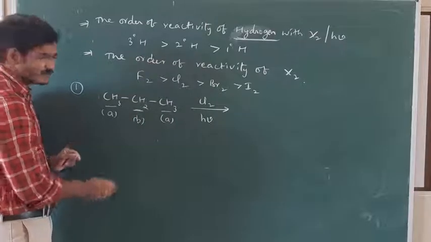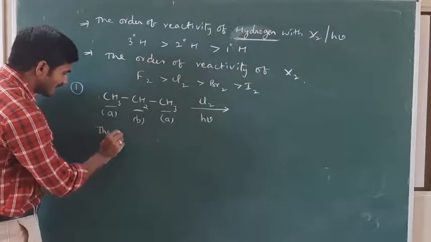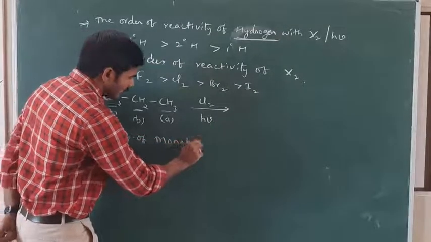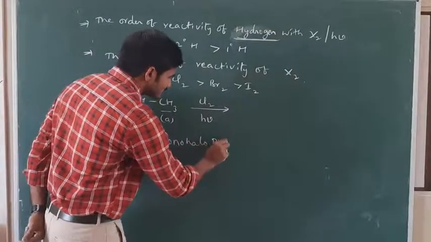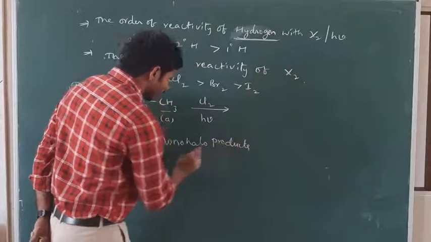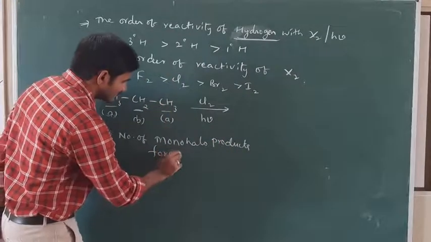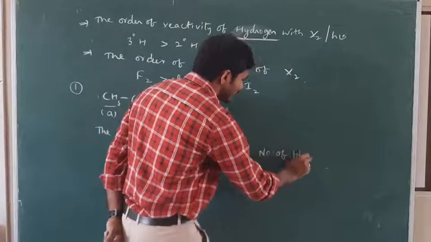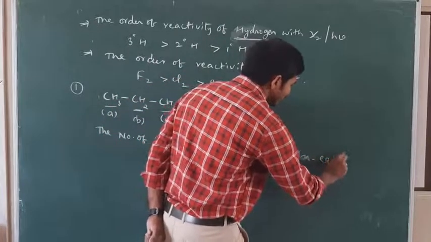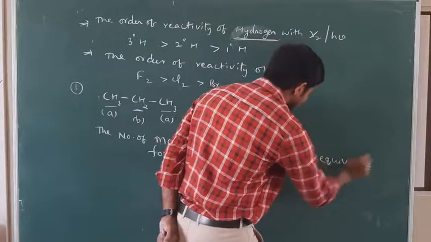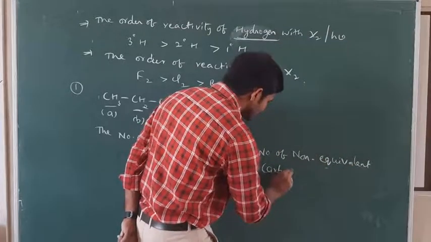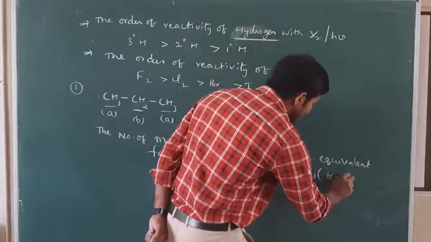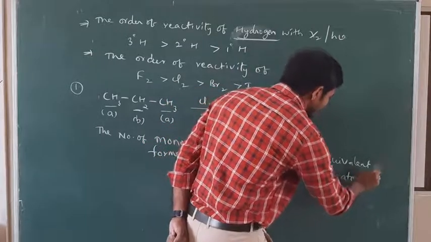I write one point here: the number of monohalo products formed is equal to the number of non-equivalent carbon atoms or hydrogen atoms. This is the point.